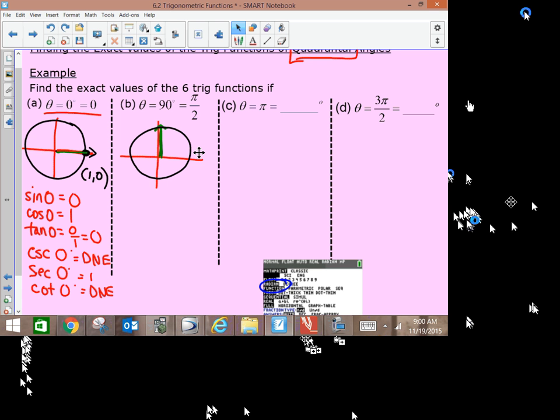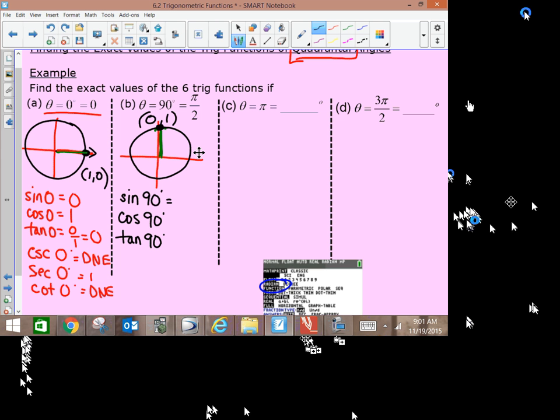And yes, we could create ourselves a triangle, but how do I know? I'm just stopping right here. So what's my ordered pair right there? 0, 1. Okay. So that means that sine of, I'll do degrees first, cosine of 90 and tangent of 90.